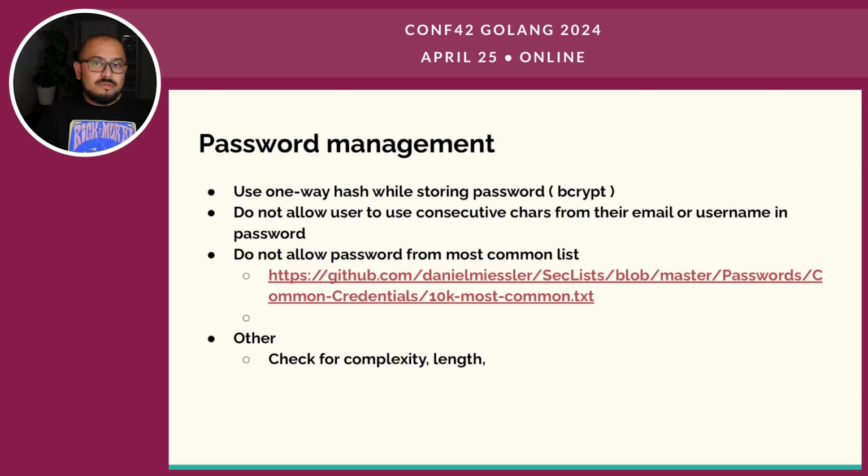Password management is also one of the key things that you need to be careful about when working with API security. It's good to use one-way hash functions, both while storing the password and while comparing them. One of the most widely used is bcrypt. The other thing that I like to do when working with passwords is I don't allow certain consecutive characters from the user's email or any of their fields in their password.